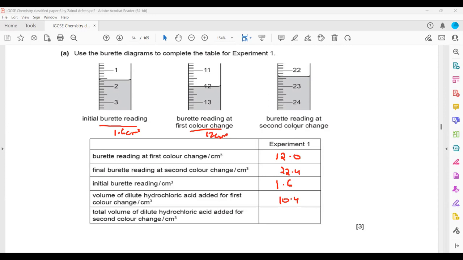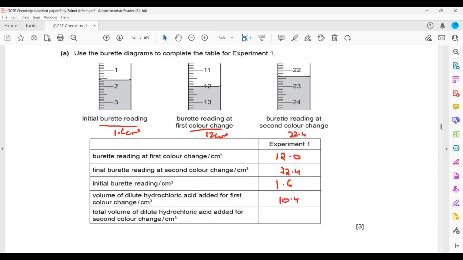And for the second color change, this value is 22.4. So for the second color change, how much is the total volume removed from the initial?